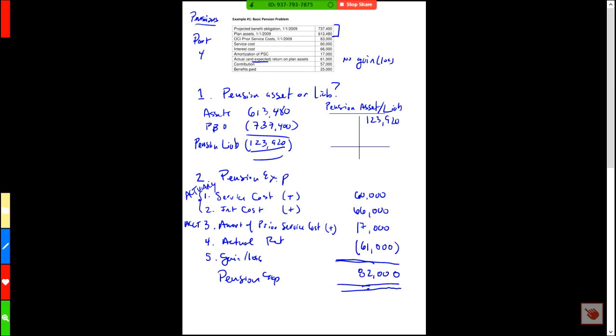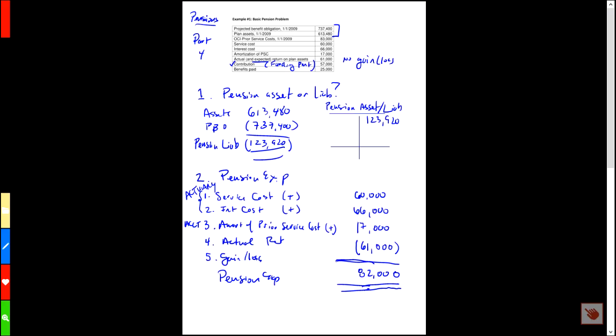82,000. All right, now let me also point out, here's the contribution, also called the funding payment. This is the actual cash payment to the pension plan the corporation is making. Notice that's not the pension expense. So we're doing a massive accrual for our adjusting entry here in terms of the work we have to do.